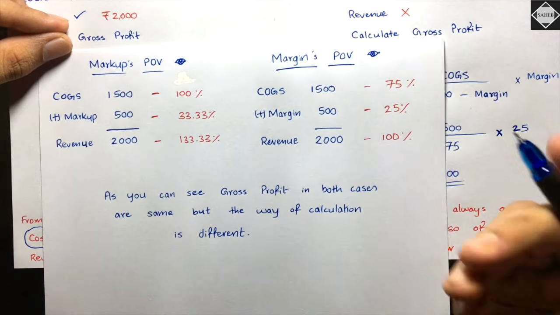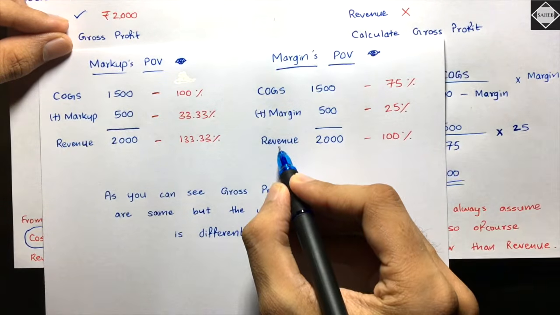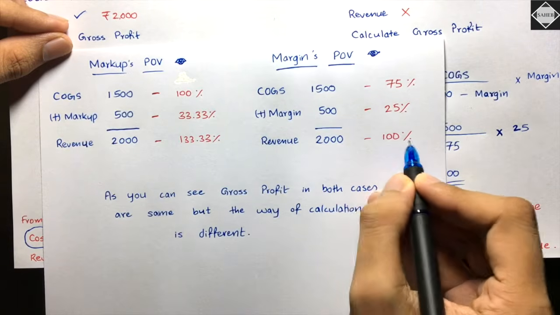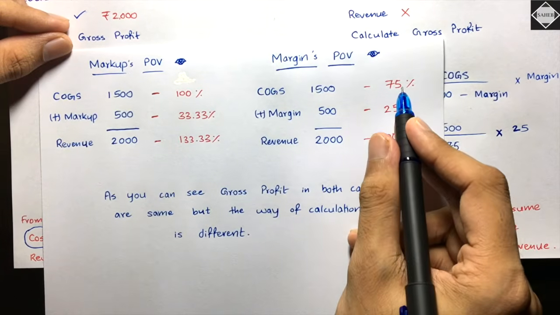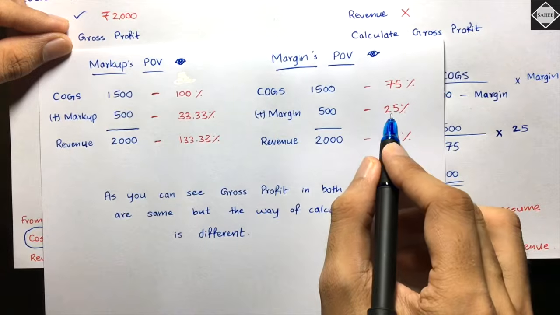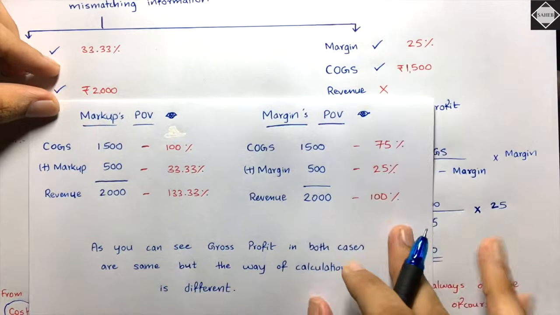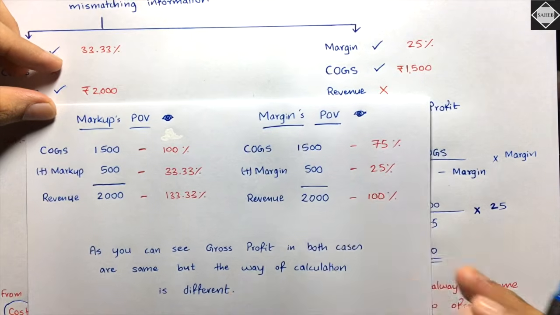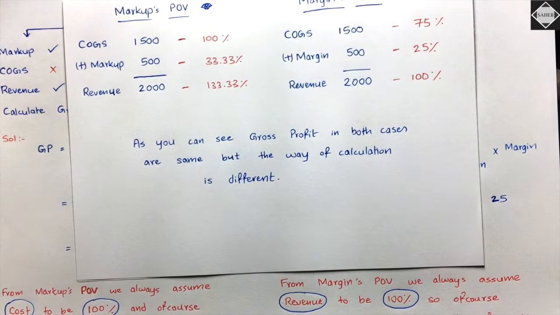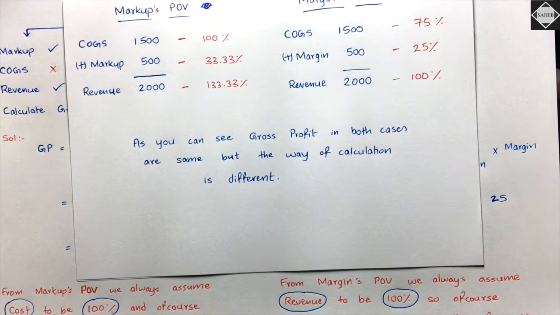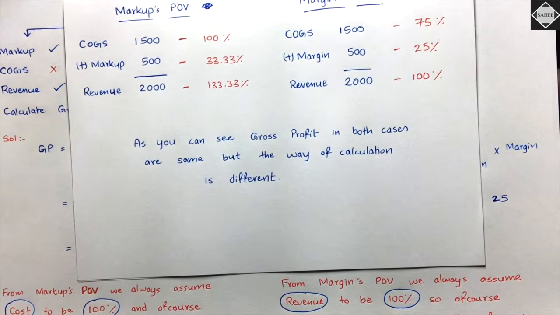How is it 75%? Because margin's friend, revenue, is assumed to be 100%. If this is 100%, then of course cost has to be less, because there is profit, and profit is 25%, as given in the question. As you can see, gross profit in both cases is the same, but the way of calculation is different. That's the conclusion, right?